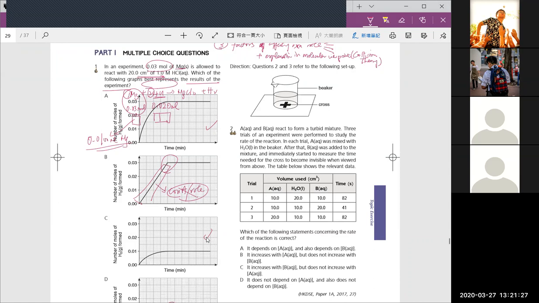So some of the Mg will remain unreacted. You use this to project the number of moles of hydrogen gas. Mg to hydrogen gas is a 1 to 1 mole ratio. So here comes this one, 0.1. That's it. This is the C part.